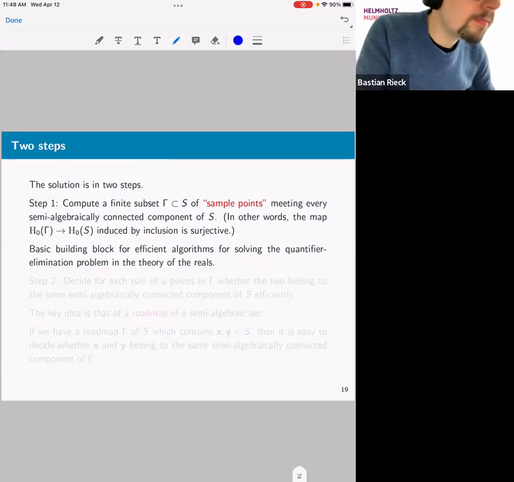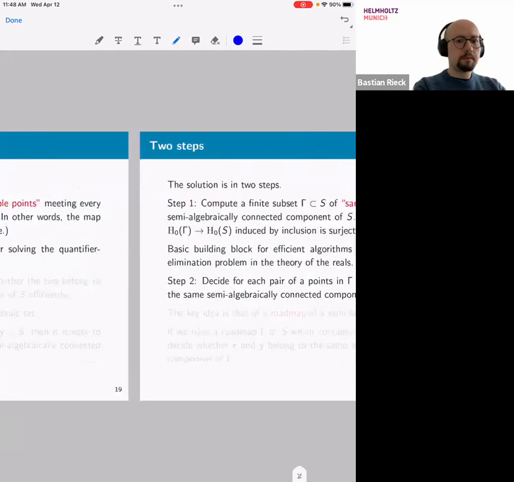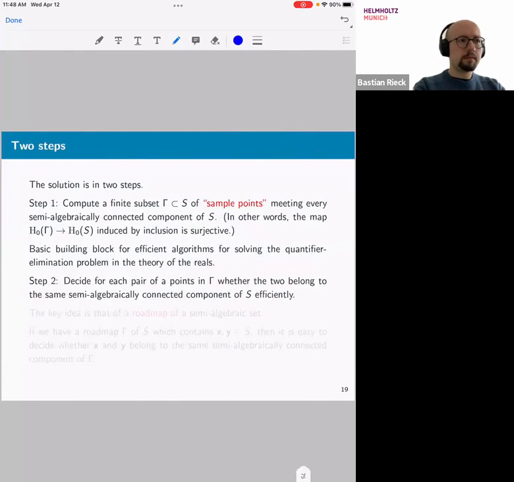And then if you want to pare it down such that you have exactly one point in every connected component, that's also possible. And that goes via a very key idea, which is the notion of a roadmap of a semi-algebraic set.